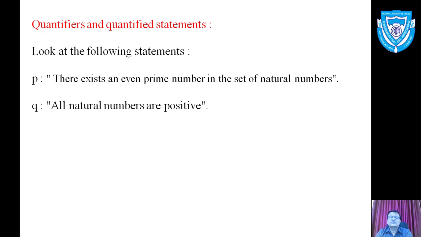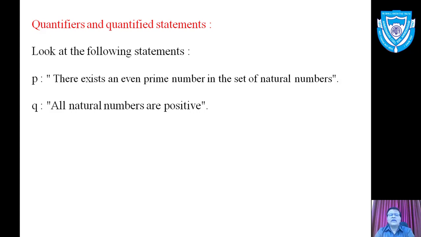And one set, a collection, is there: the set of natural numbers. So something is said about natural numbers which satisfy the condition. It is said that at least one natural number is there which is even prime. There exists means there is at least one natural number which is an even prime number.